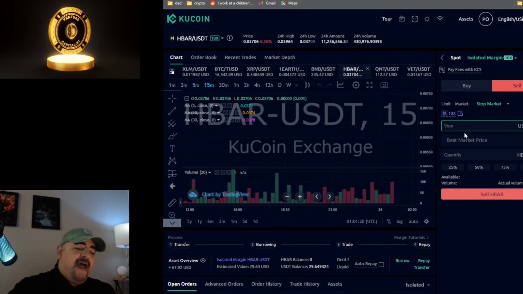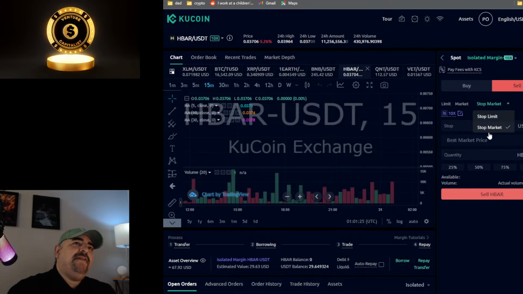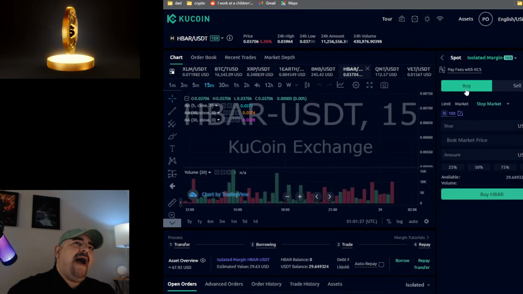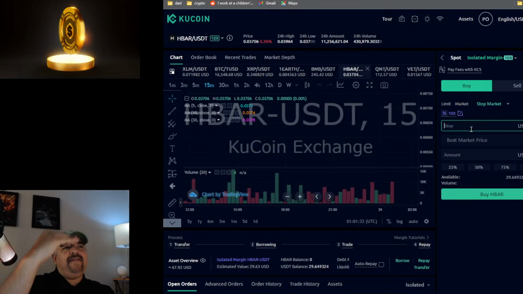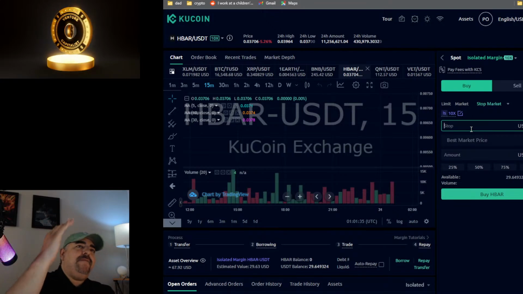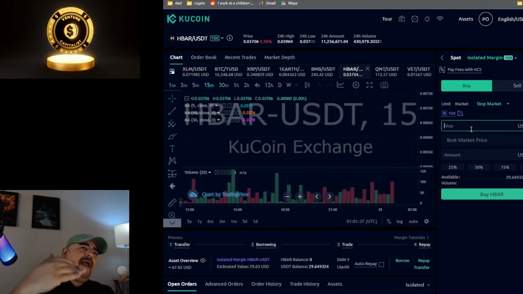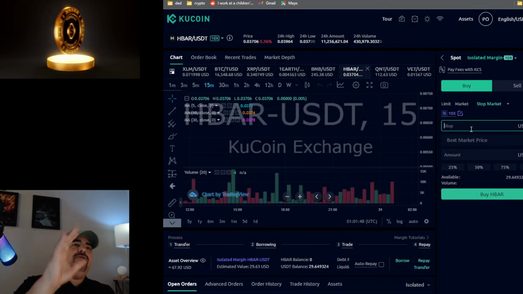So that means my stop loss would go into stop market, not stop limit, at a buy. I need to go to buy, stop market on the buy, and put the price so that if the coin stops going down and happens to spike up, it will buy on the spike up if I'm wrong and stop me from losing my percentages, so that I can re-enter the short again later by reselling what I had to buy back to go even, right? So right here, a stop loss would be if it spikes up.